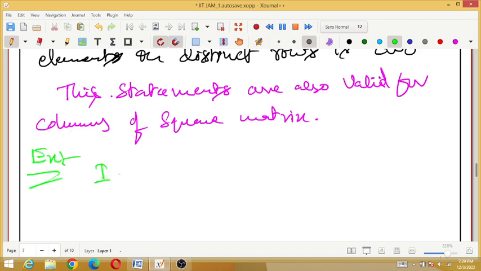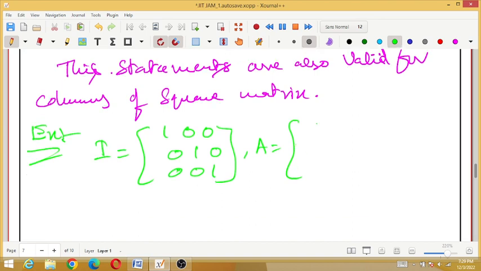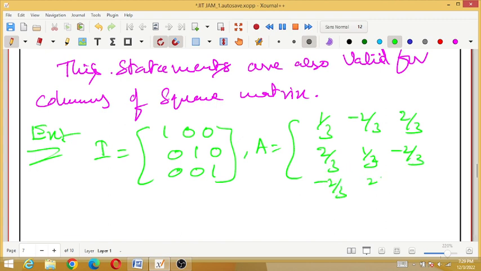Example, I is equal to 1 0 0, 0 1 0, 0 0 1. Comma, A is equal to 1 by 3, minus 2 by 3, 2 by 3; 2 by 3, 1 by 3, minus 2 by 3; next, minus 2 by 3, 2 by 3, 1 by 3.